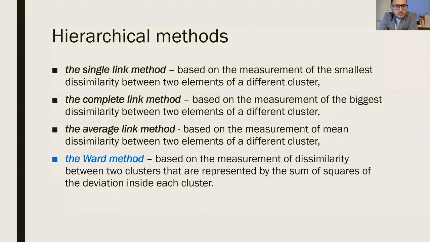But the difference with divisive techniques is that firstly we have all the data in one group, and then we just divide it into plenty of groups, until finally each data point is a different group.